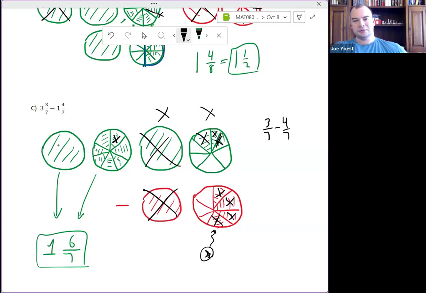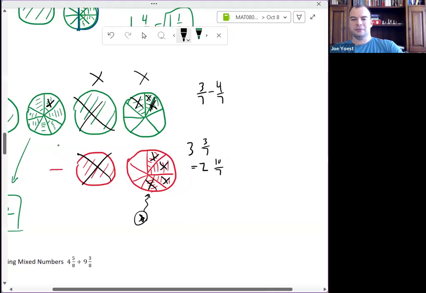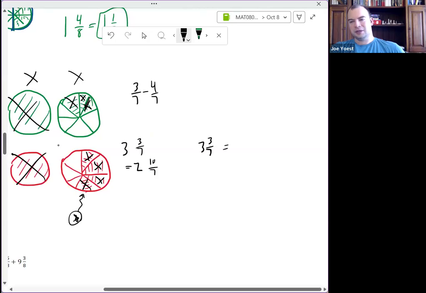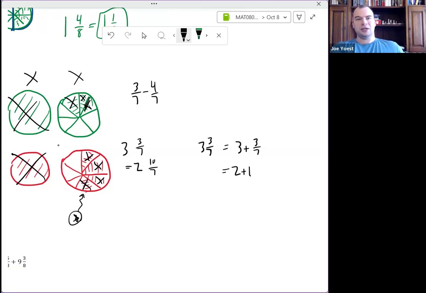So I have to borrow, right? So 3 and 3/7, I could rewrite as 2 and 7/7 plus 3/7, or 10/7. Where is that coming from? Well, from the pictures, but also 3 and 3/7. What does this really mean? This really means 3 plus 3/7, right? But 3 I could think of as 2 plus 1, the 2 wholes that I want to keep as wholes, and then the 1 whole that I want to break up.